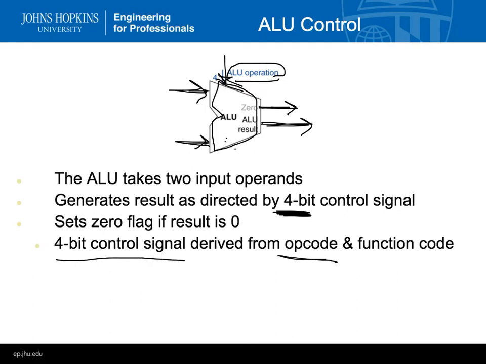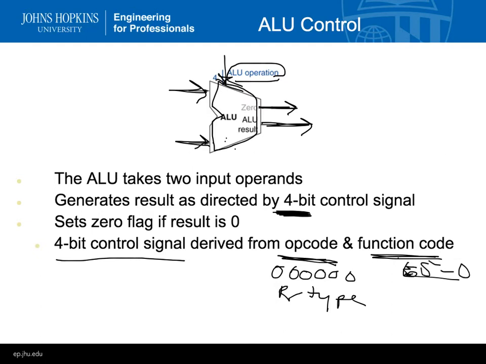So we learned about opcodes, those highest, most significant 6 bits, and the function code. So we learned that if the opcode is all zeros, then it's R-type. There's going to be a function code, so that's bits 5 to 0, so the least significant 6 bits. So these two parts of the instruction are going to tell the ALU what it has to do.